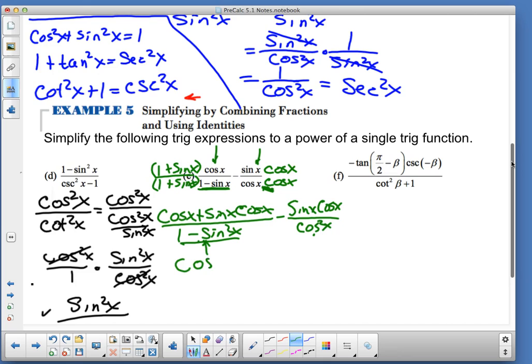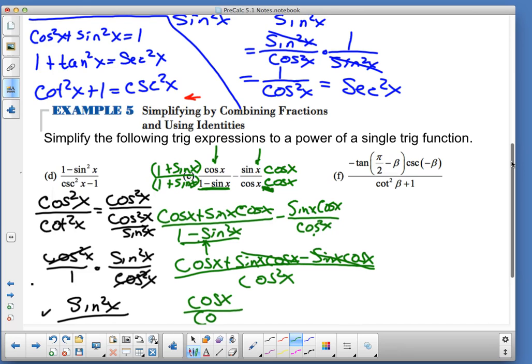So cosine x plus sine x cosine x minus sine x cosine x, all over cosine squared x. Okay, now these knock each other out. I've got cosine x over cosine squared x, which is just 1 over cosine x, which is just secant x.